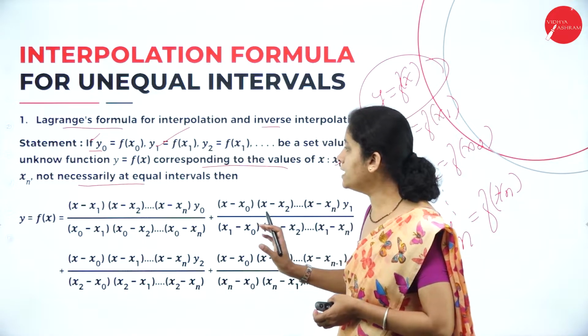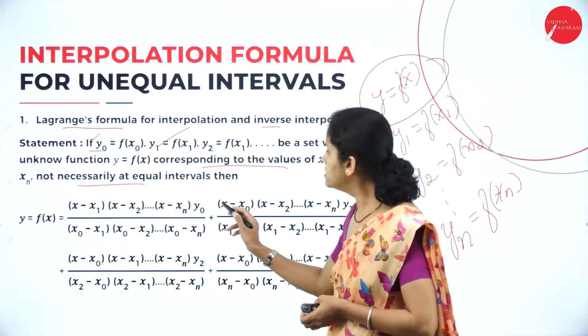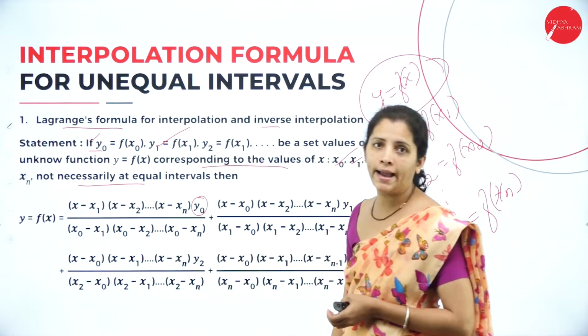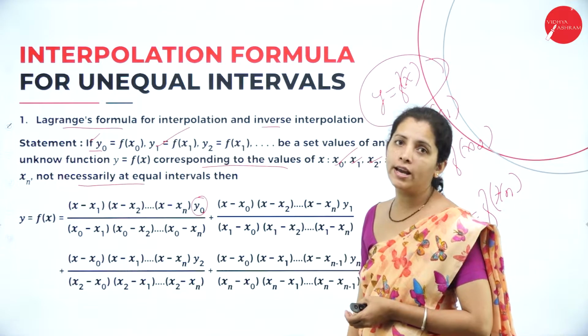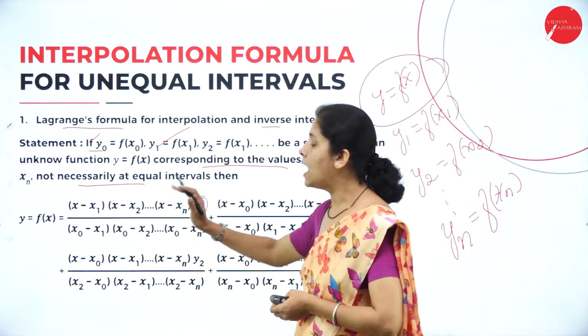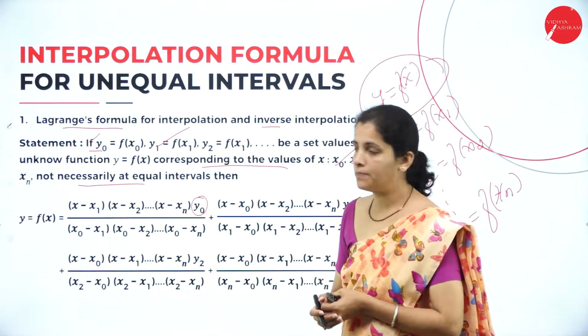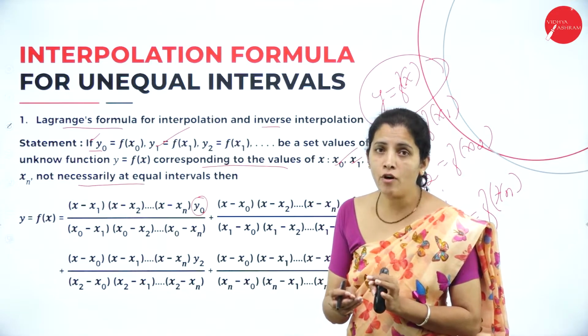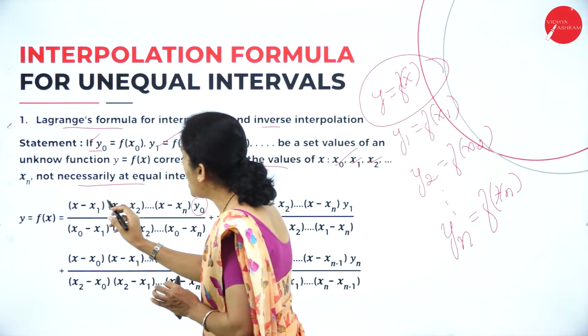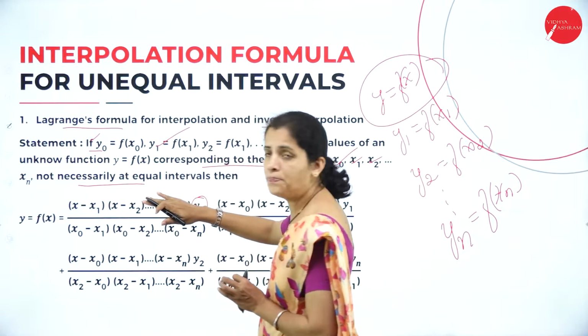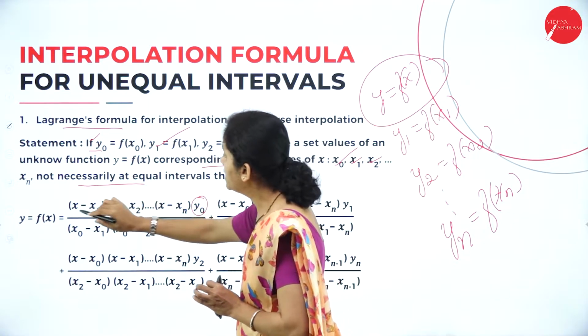So, dear student, listen here. I'm going to have y0. When I have y0, I want to consider x0. While forming the formula, I'm not going to consider x0 at the top.